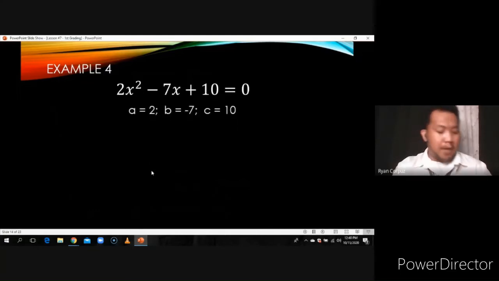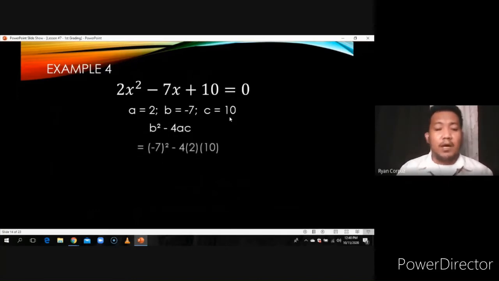So the value of A is 2, the value of B is negative 7, while the value of C is 10. And again, using the expression B squared minus 4AC, let's start substituting. We come up with negative 7 squared, because B is negative 7, minus 4 times A, which is 2, times C, which is 10.